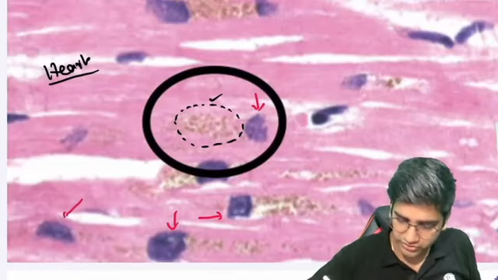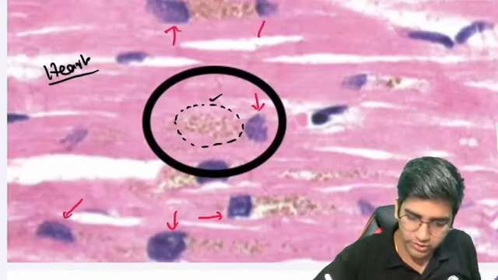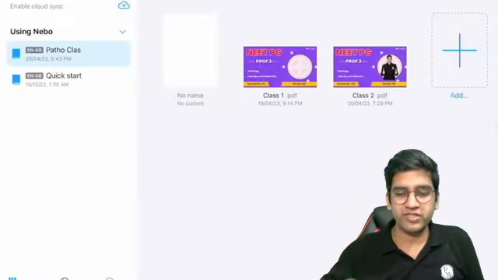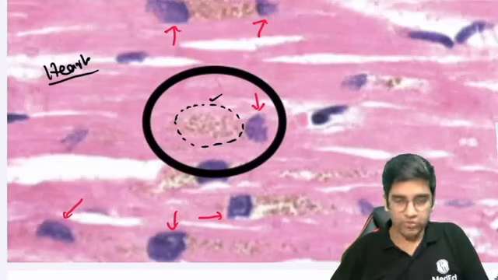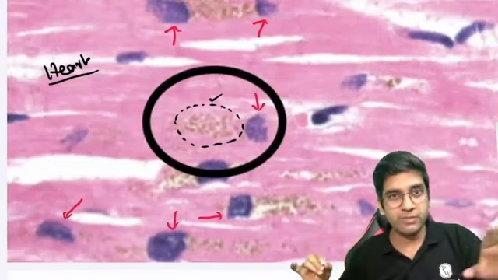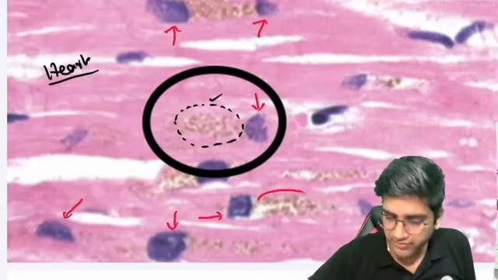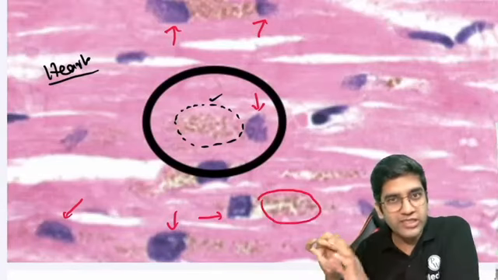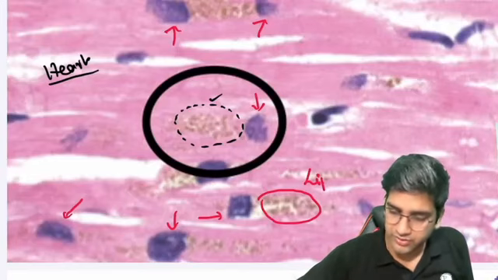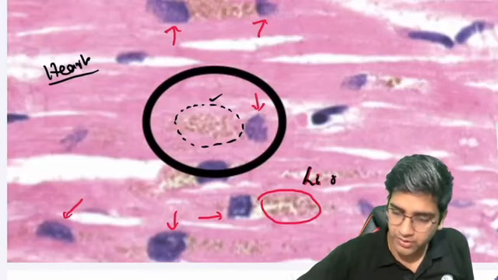Tell me in the comments. Everything is blue in color, and my rule of thumb says that if anything is blue, I think of nucleus. Perfect, all of them are nuclei here. And the pigment seen on either side of the nucleus, that's my lipofuscin pigment here.